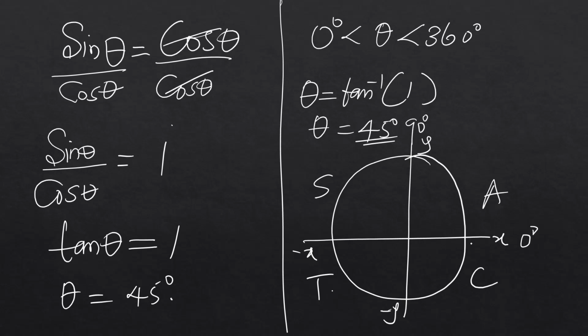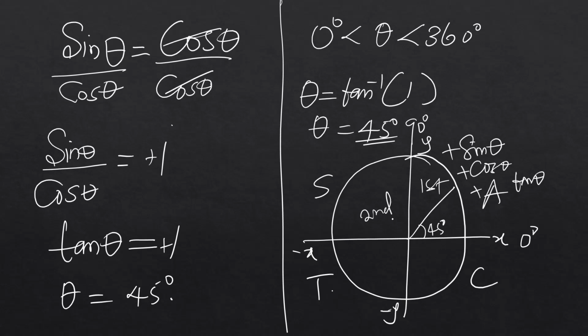All the angles from 0 to 90, they are under the 45 degrees, which you have found. But then, since tan theta is 1 and 1 is positive, we must go for the areas where tan theta is positive. Here, sin theta, cos theta, and tan theta are all positive in this first quadrant.